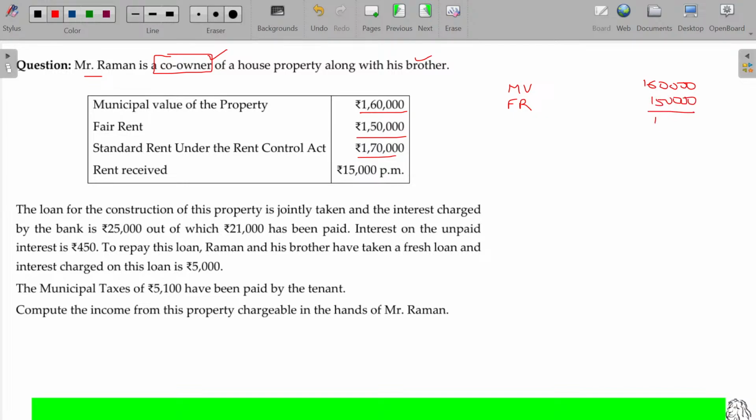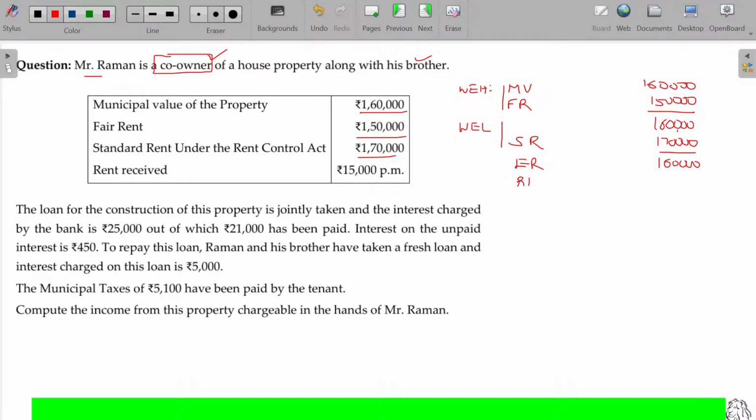Between these two, whichever is higher will be taken. And standard rent 1,70,000. Between these two, whichever is lower will be taken, which is the estimated rent 1,60,000.